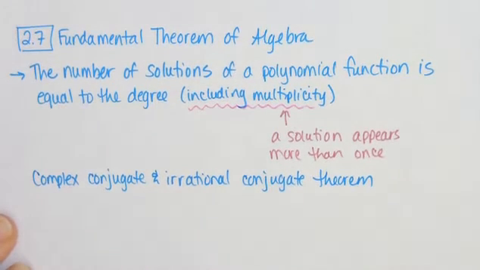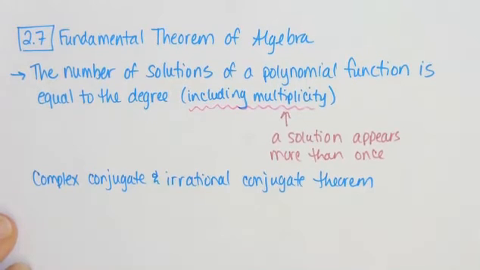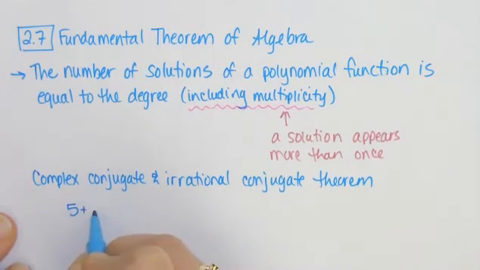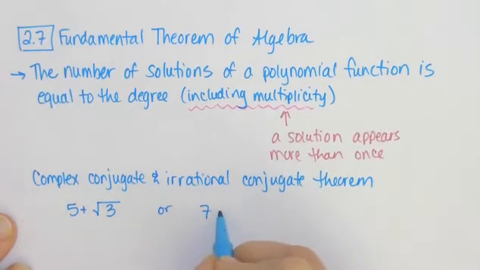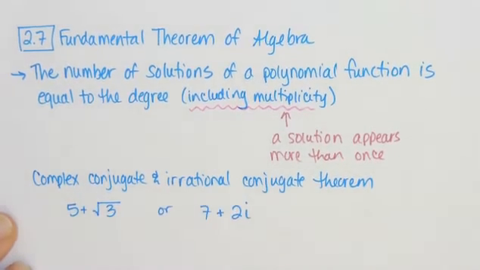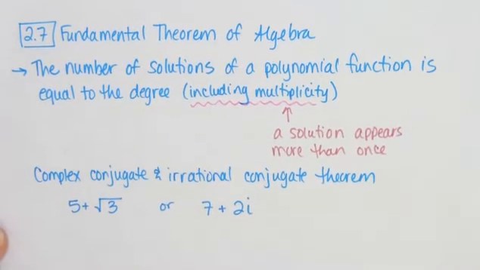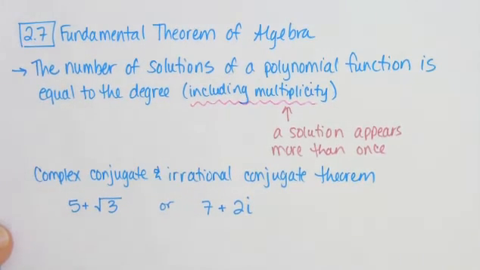Okay, so I know I wrote theorem there, don't freak out, we're not doing proofs, but a complex conjugate is an ugly answer, same with irrational, so it might just be like 5 plus radical 3, or maybe we have an imaginary number, something like 7 plus 2i. Now, the only way you're ever going to get irrational, these are irrational because it's a radical, or complex, you've got the real and the imaginary part, the only time you're ever going to get those is by taking the square root.